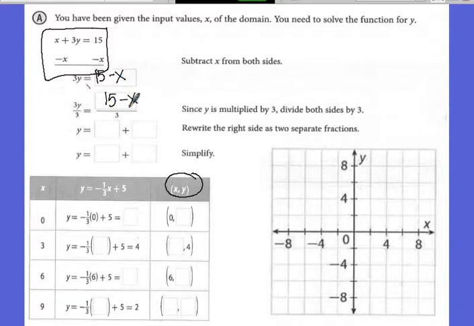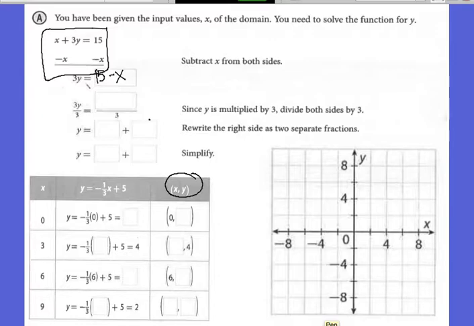Okay, so this leaves me with, I know that I can do 15 divided by 3, which is 5. Oh, and actually, let's reverse this real quick. So the way this problem has it set up, it wants us to switch the order first because we want our x listed first.